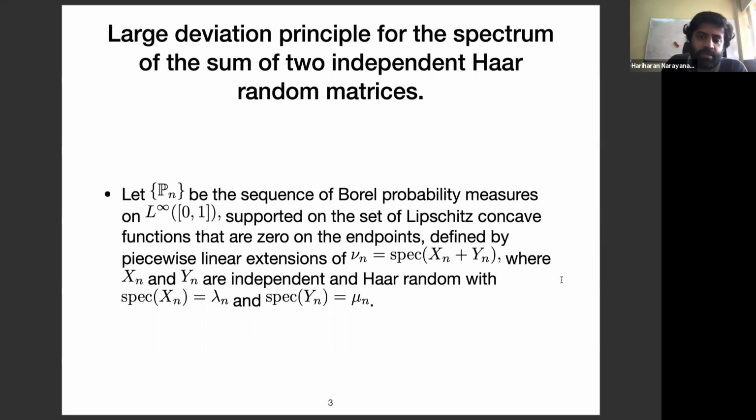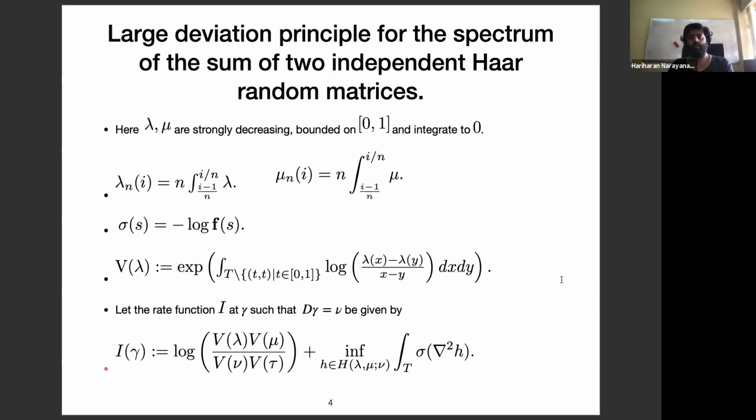By the way, the 0 at the endpoints is only if the matrices are 0 trace. If you have a non-zero trace, you can have non-zero at the endpoint. It is not crucial. I've just assumed that without loss of generality here, because removing the trace doesn't change anything. So where Xn and Yn are independent Haar random with spec Xn equal to lambda n and spec Yn equal to mu n.